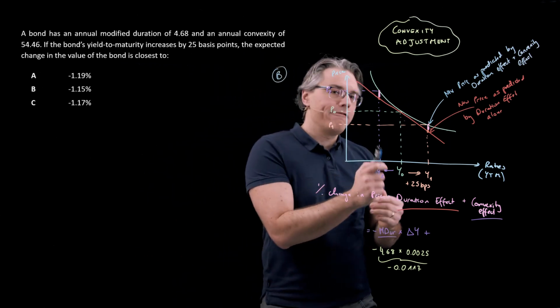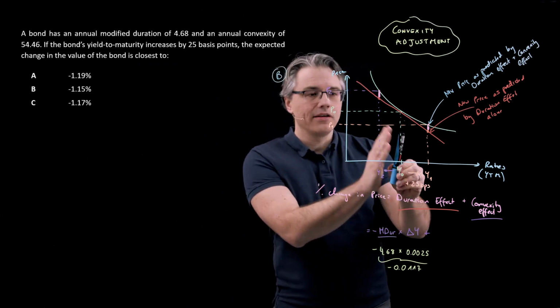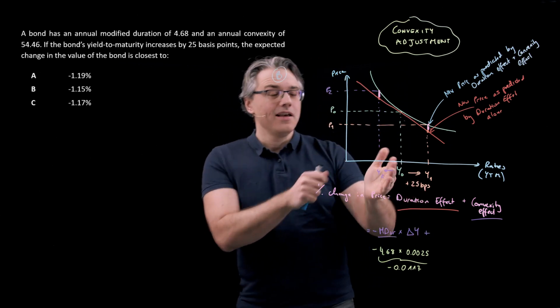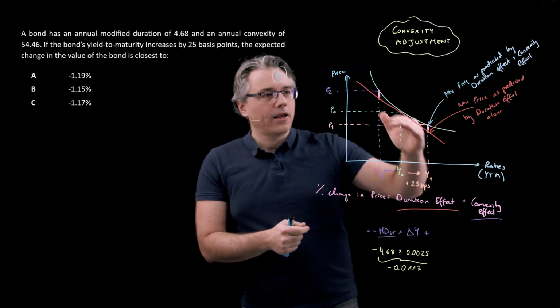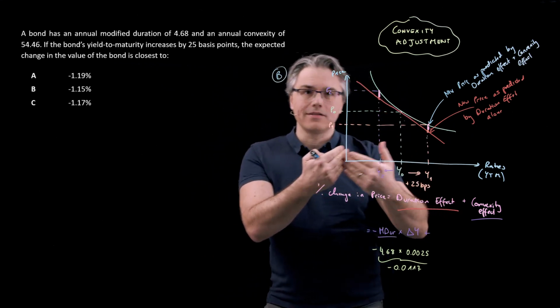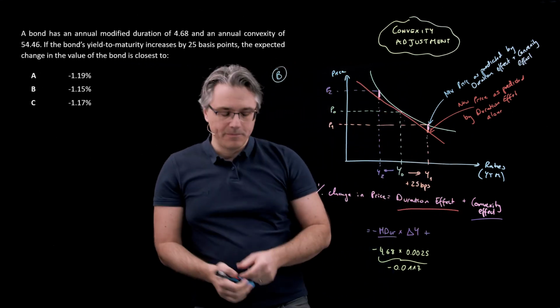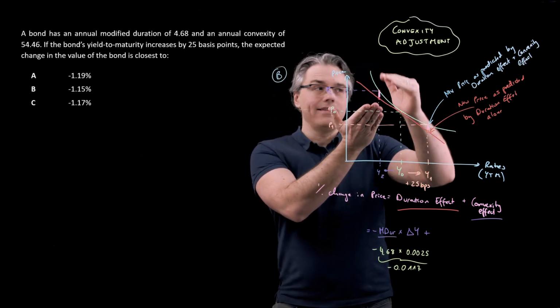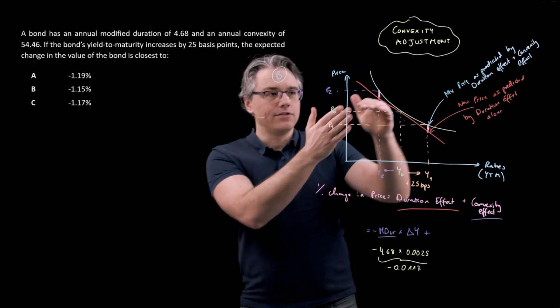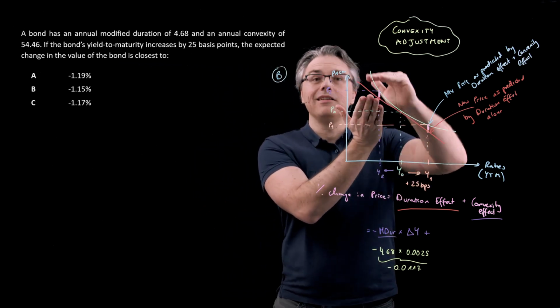And in the same way, if you were asked about the predicted change in bond price in response to a drop in yields or drop in rates, you could calculate what is predicted based on duration alone, and then come to the conclusion that in reality, once you take the convexity effect into account, it has to be a little bit higher.